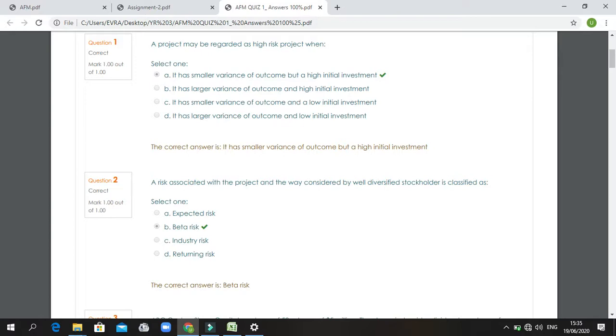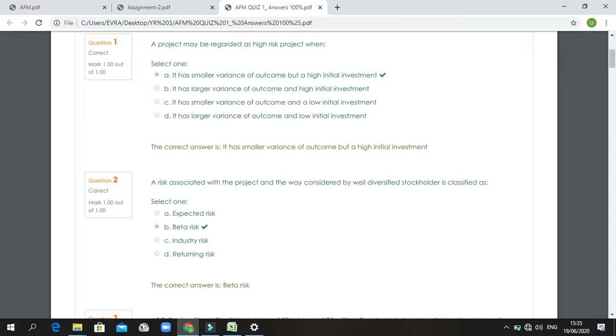For the second question, a risk associated with the project and the way considered by a well diversified stockholder is classified as, you have to select from this. A is expected risk, B beta risk, C industrial risk, D returning risk.